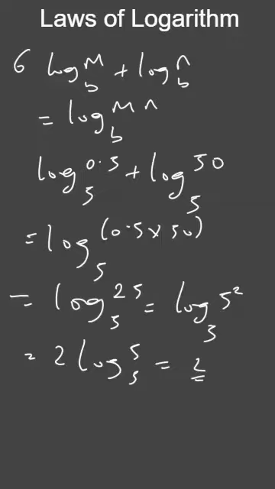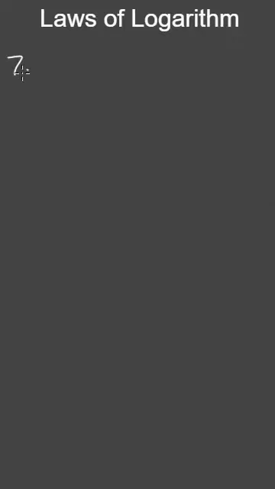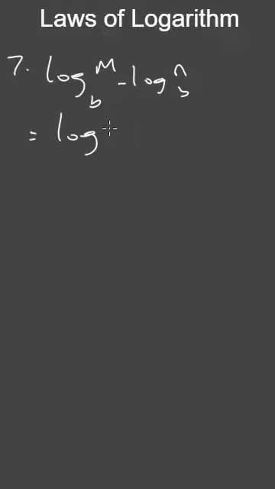So let's go to law 7. Law 7 is if you have log m to base b minus log n to base b, you can express it as log m divided by n to base b.